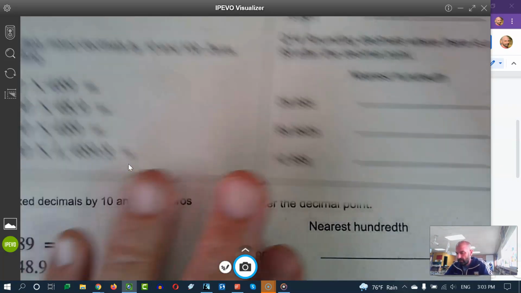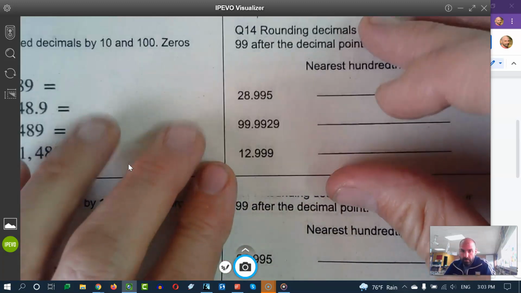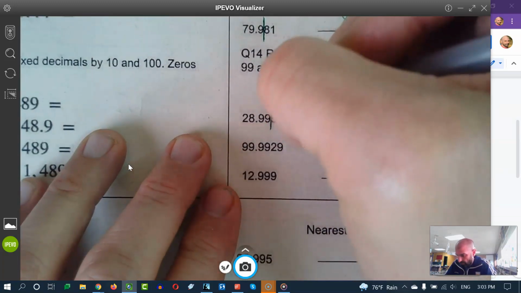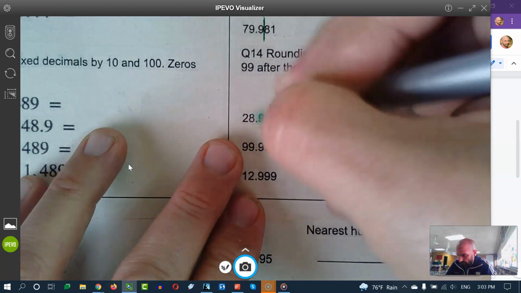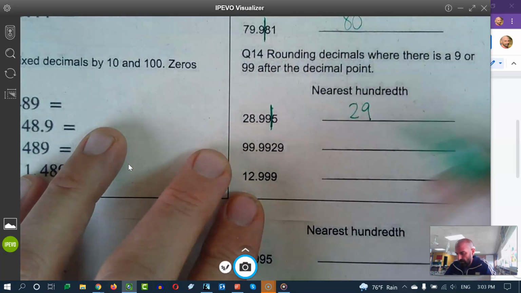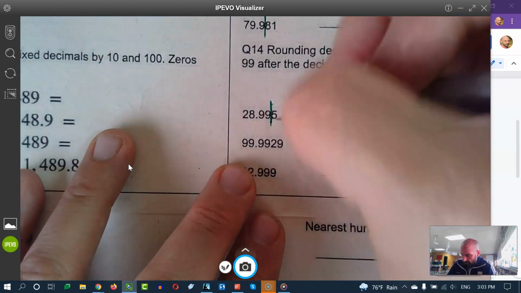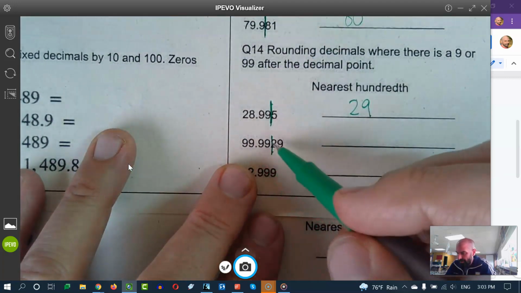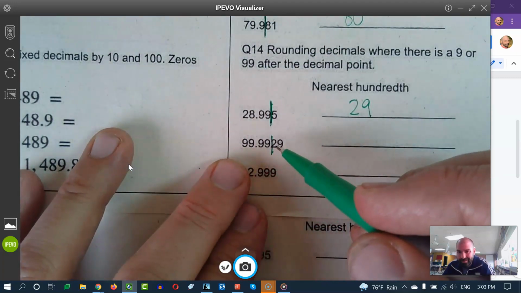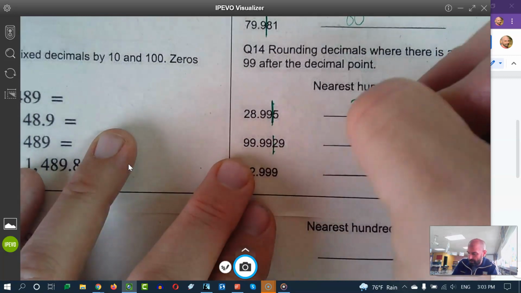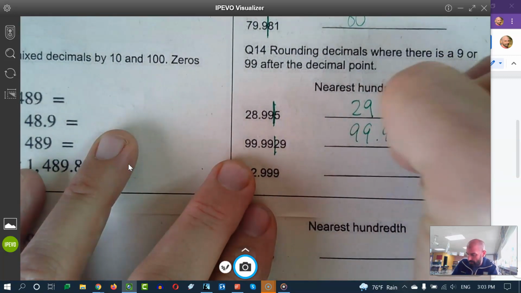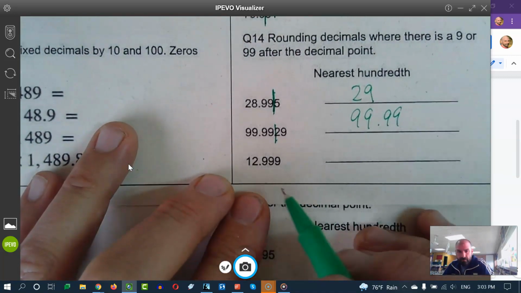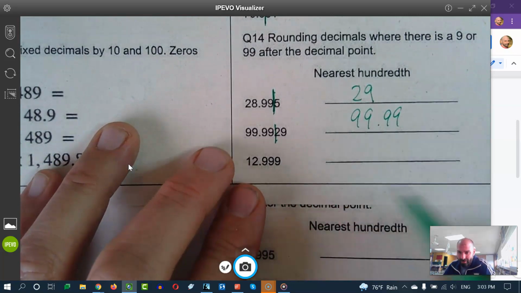All right, nearest hundredth. Where's my hundredth? It's right here. There's a 5 there. That's going to round everything up to 29. 99 and 99 hundredths, or sorry, 9,929 ten thousandths. We're going to say right there at 99 and 99 hundredths. And then we have 12 and 999 thousandths.